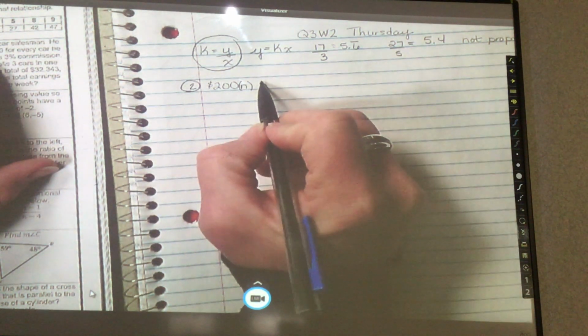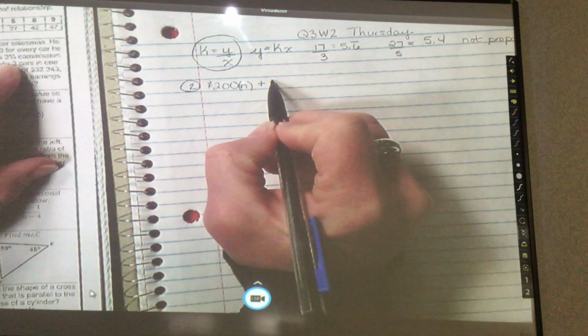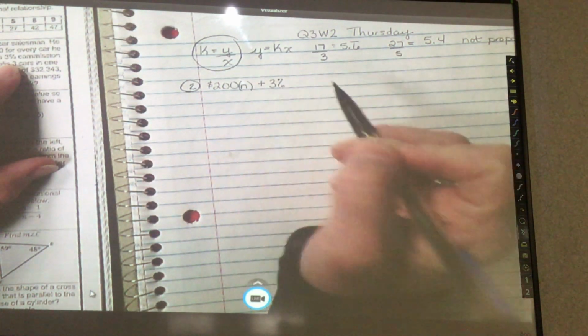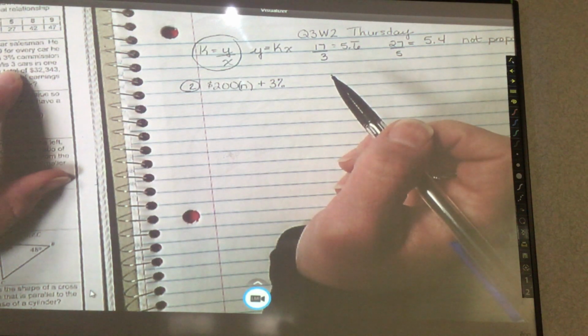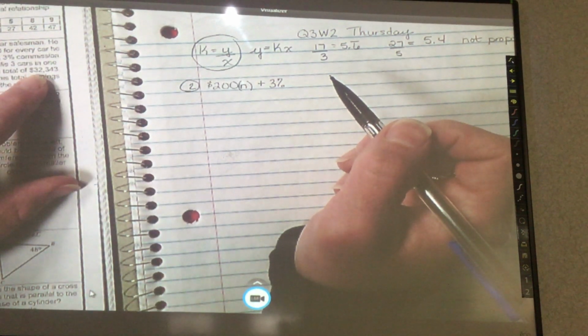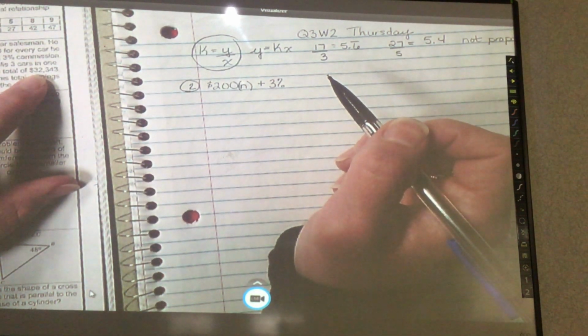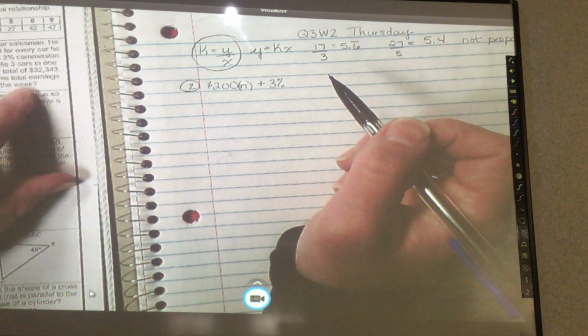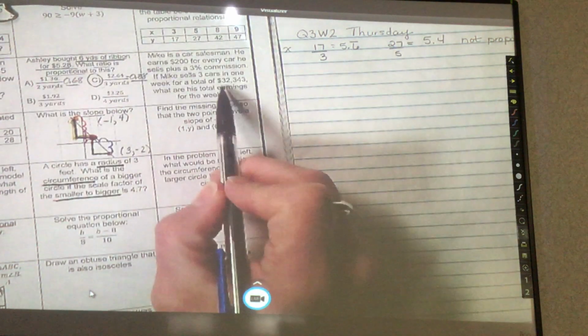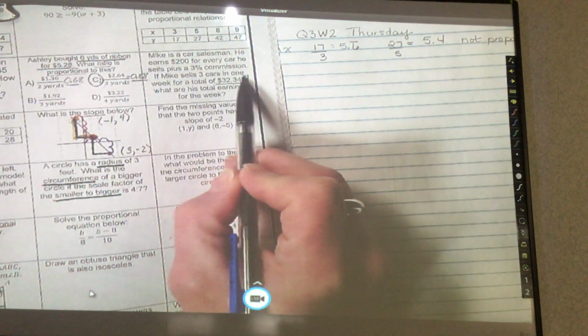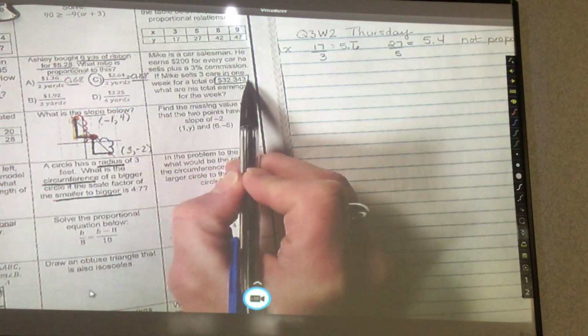Plus, so I'm going to put plus 3% commission. It says if Mike sells 3 cars in 1 week for a total of $32,343, what is his total earnings for the week? I have to take the amount that I earned, and what do I do with this amount? This is the amount that I sold in cars.